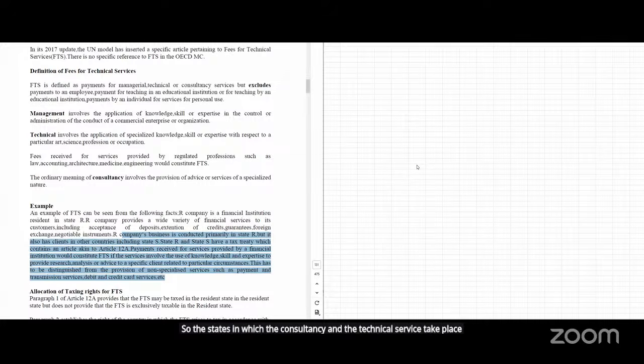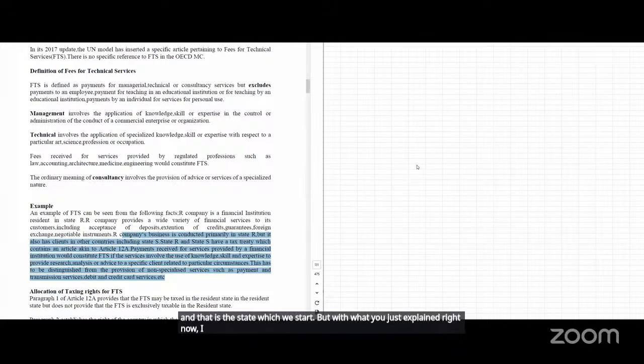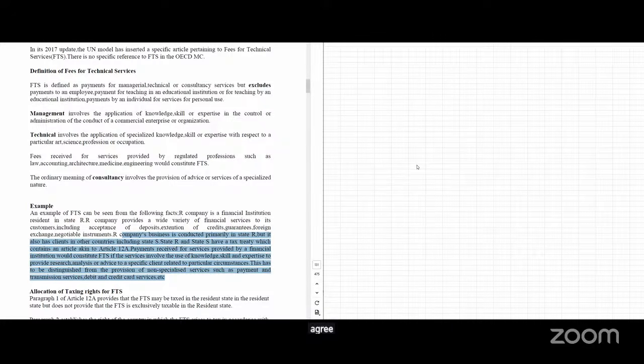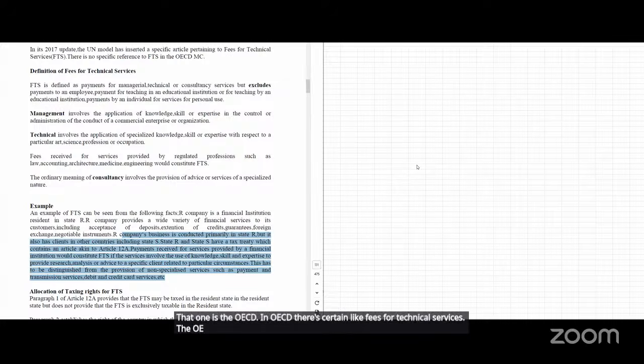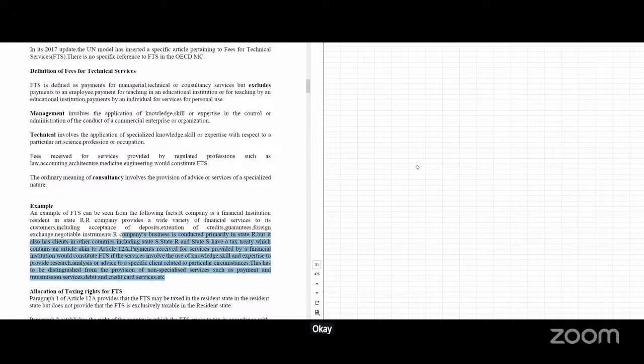But with what you've just explained, I think it will be taxed in the resident state, but when there is a PE, it will be taxed in the source state. In the OECD, there's nothing like fees for technical services. The OECD considers fees for technical services as royalties, so it still uses the same royalties principle to tax it. That's what we are saying. Okay, thank you. Are we okay? You're welcome.